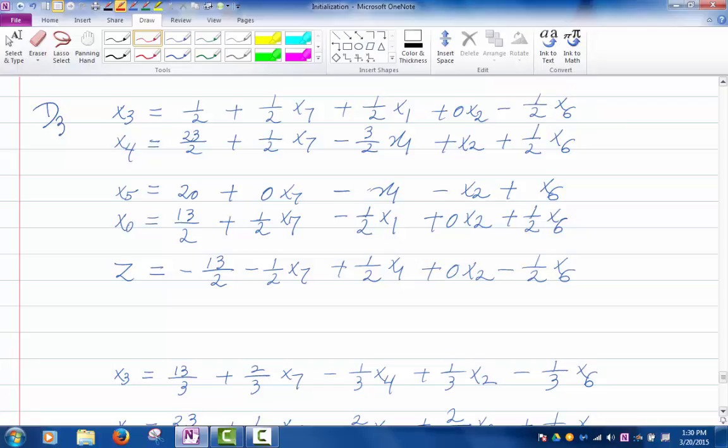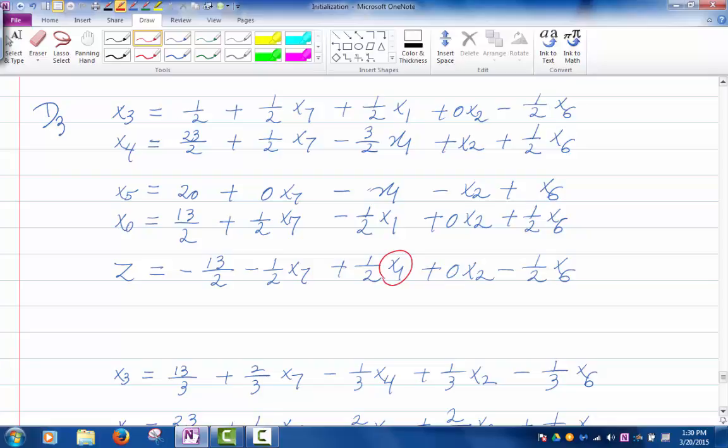Anyone in the back? What's the entering variable? Well, once again, you look at the non-basic variables and pick out the one with the largest coefficient, and in this case, obviously x1 has the largest coefficient.